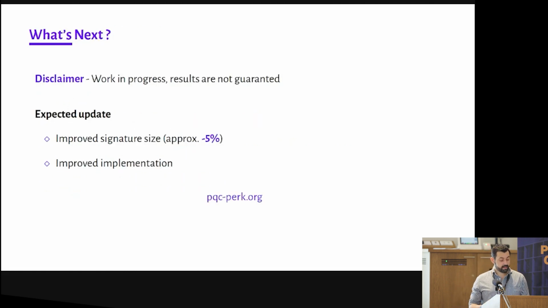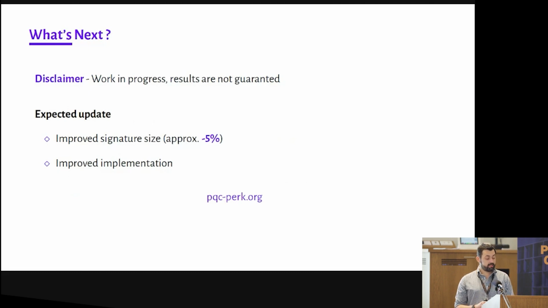So that being said, what do we have next for PERK? A cautious disclaimer: everything here is work in progress, so results are not guaranteed to be as I mentioned.